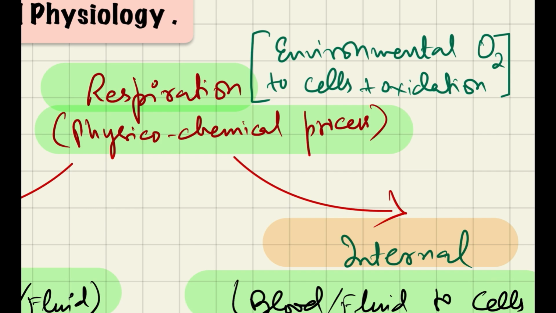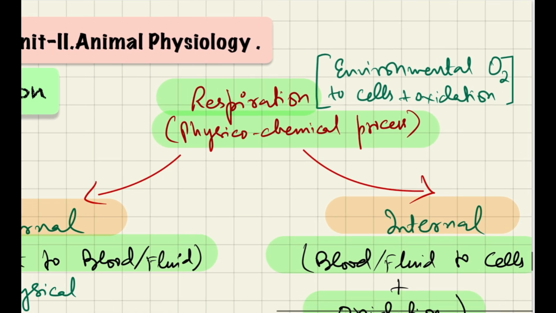This is a to and fro process from the environment to cells and from cells to the environment, means the oxygen from environment to cells and carbon dioxide from cells to environment. This is more or less the definition of this respiration. We are more required to know about the concept itself.